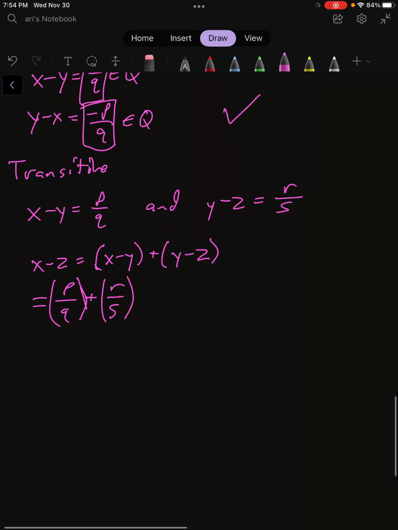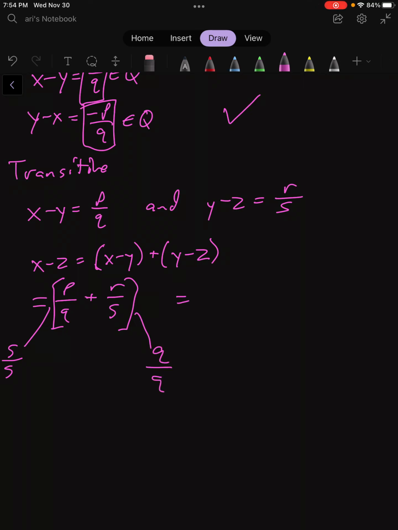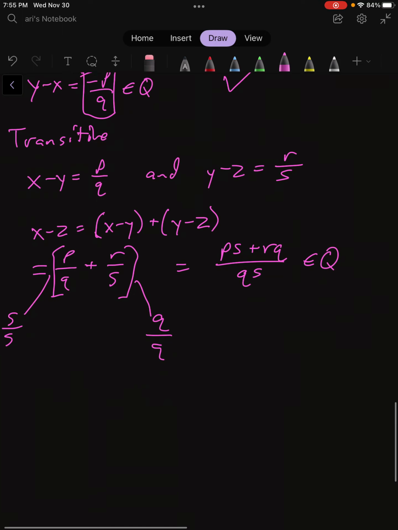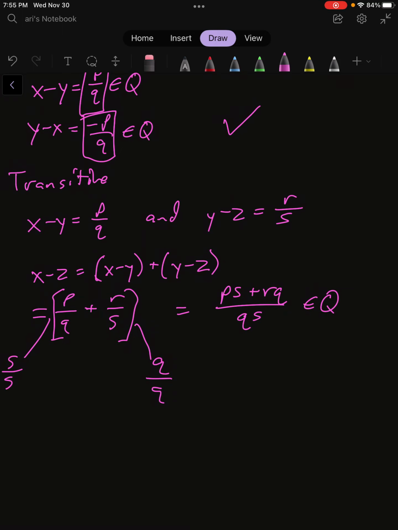We could multiply this times s over s and this one times q over q, so that we get ps plus rq over qs, which is rational. The reason I know this is rational is because p, q, r, s are all integers, so when you add or multiply them, it's going to stay integers.